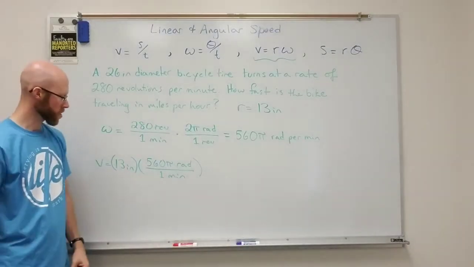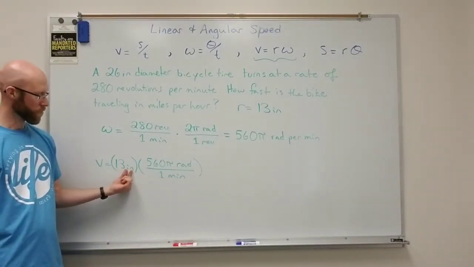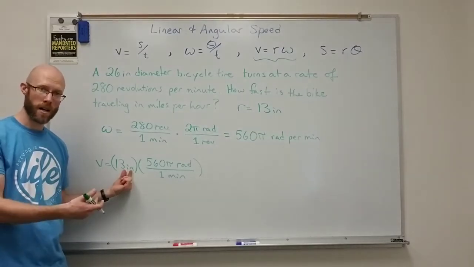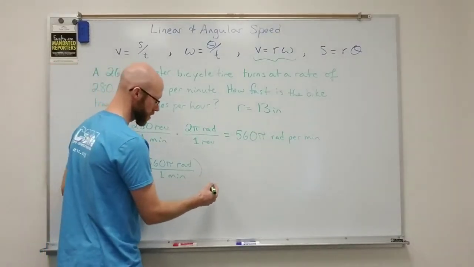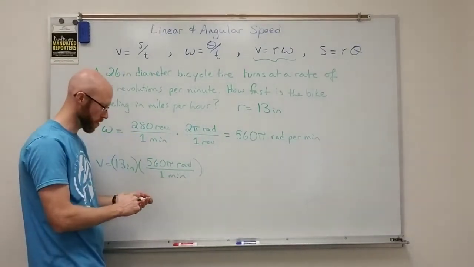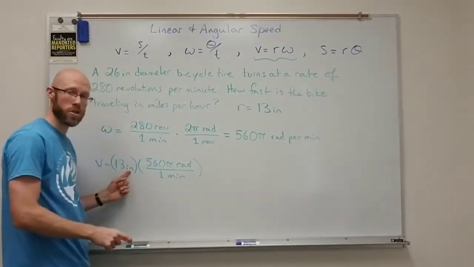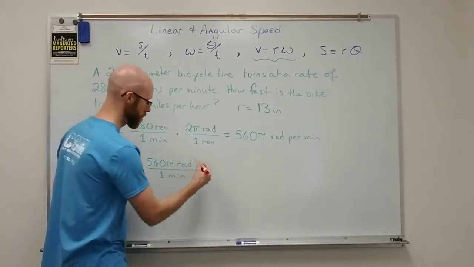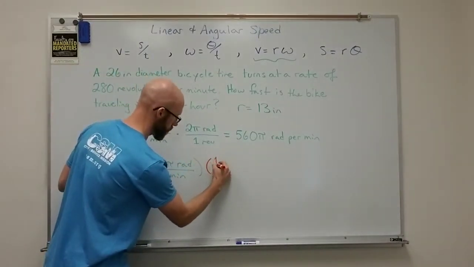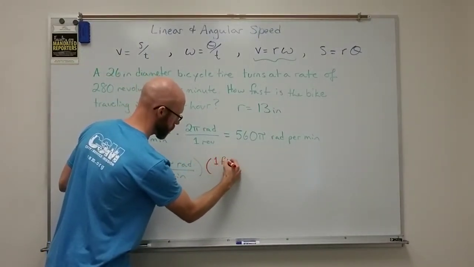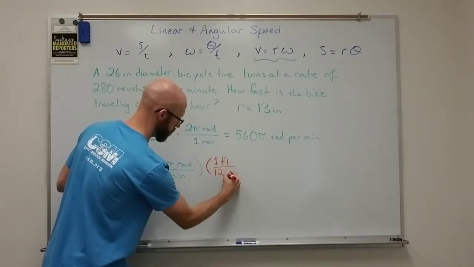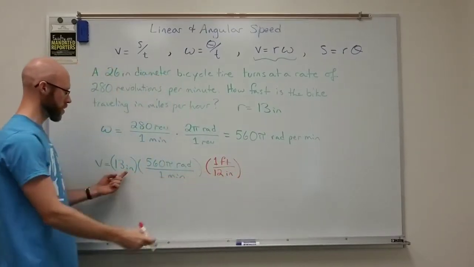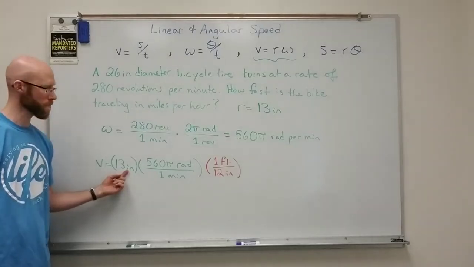Okay, inches and minutes. So to convert inches into miles, we have to do a multiple step conversion here. I'm going to convert, first of all, inches into feet. Well, we know there's 1 foot in 12 inches, right? So I'm going to convert by multiplying by 1 foot divided by 12 inches. Again, the inches go on the bottom to cancel out with this inches.